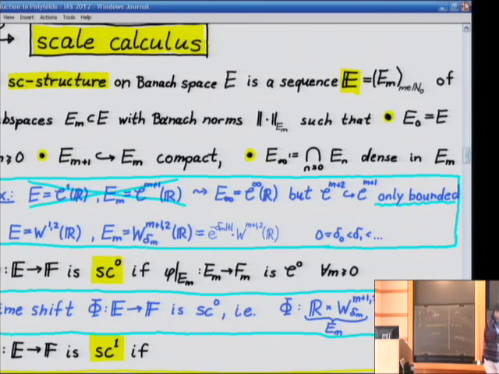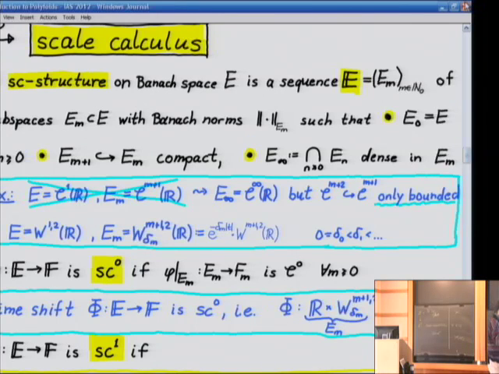So elliptic estimates is a good keyword actually. When I first saw scale calculus, it took me a moment to wrap my head around all the indices, but then I was like, oh my God, this is exactly what you want to do when you're dealing with an elliptic operator.